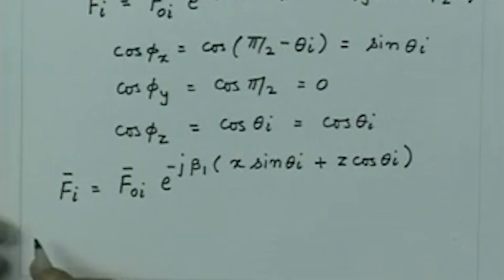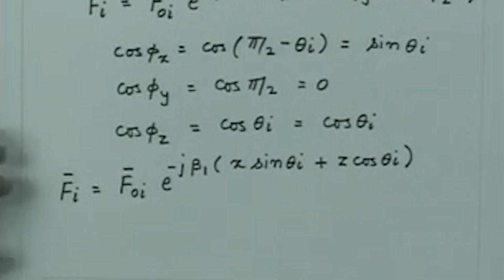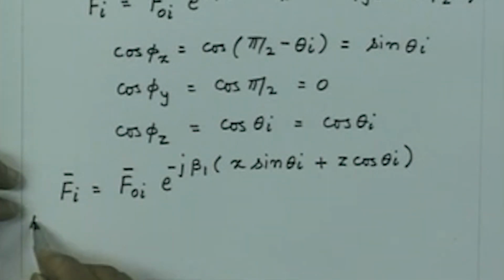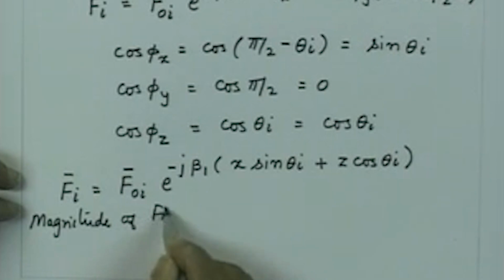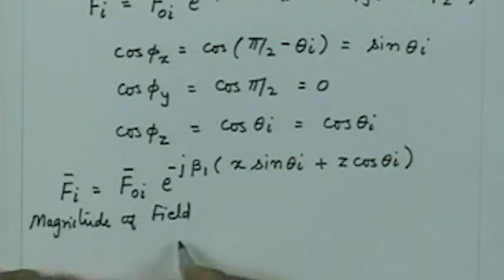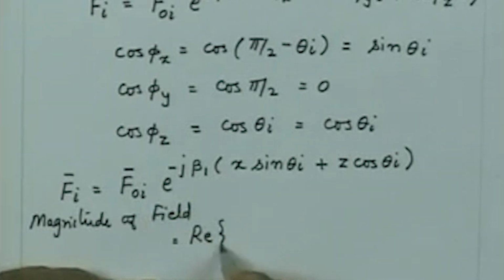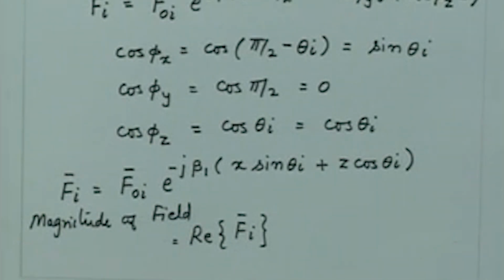So, if I take the field amplitude or magnitude of the field at some instant of time, that will be the real part of F I, and that will be F0I cosine of this angle, which is beta 1 times this quantity.